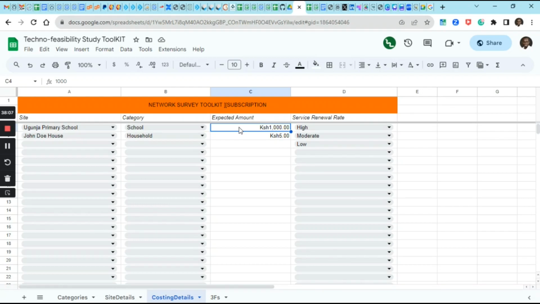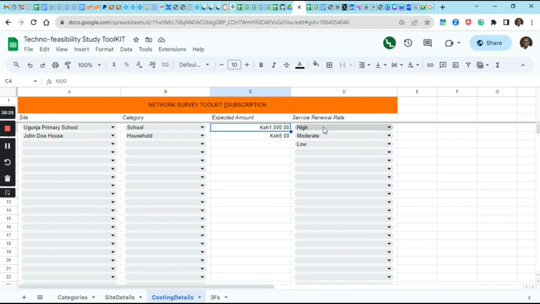If it is 1,000 Kenya shillings, how likely are they willing to renew this or pay this maybe monthly or weekly or whatever period? So you need to also put it here so that you can be able to know how to model your business plan, how to come up with a robust and responsive business plan to sustain this community.